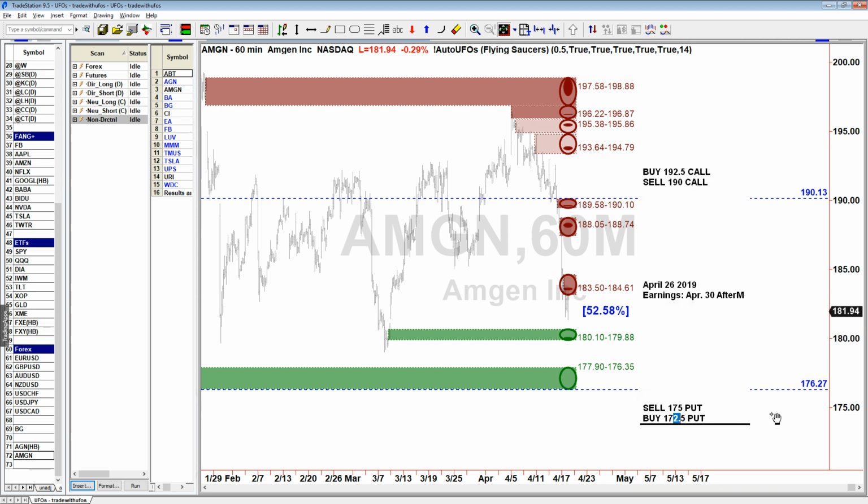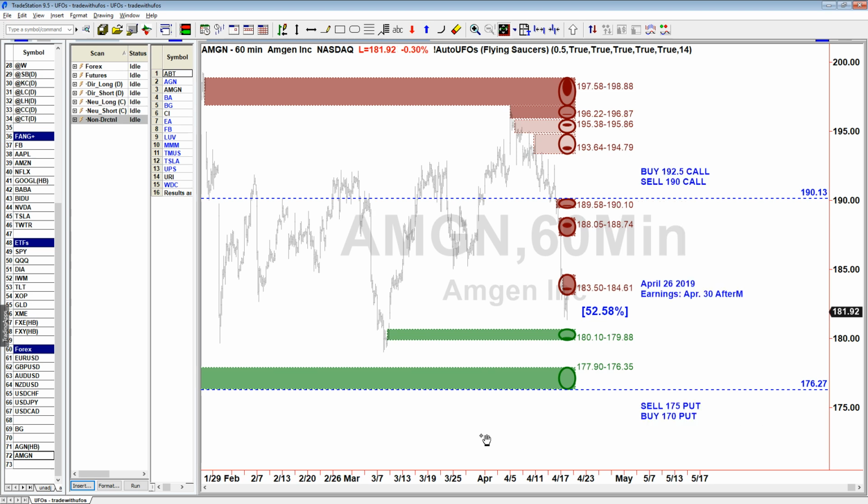Okay, and for the ones of you that never traded options before, it doesn't mean that you're gonna get killed or anything like that. What it means is that the maximum you would have at risk is the distance between strikes. From 0 to 5 is $5. From 0 to 2.5 is $2.5.